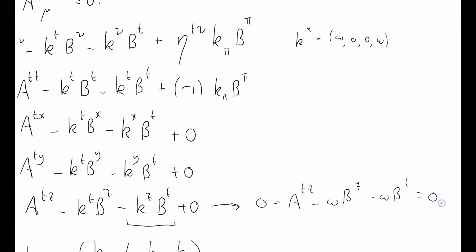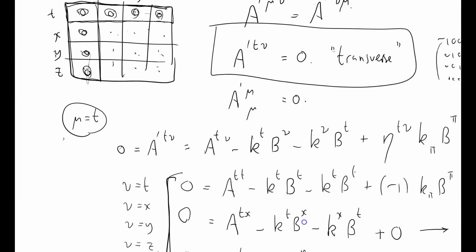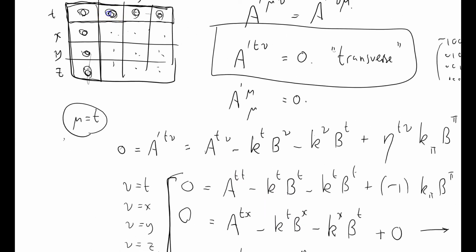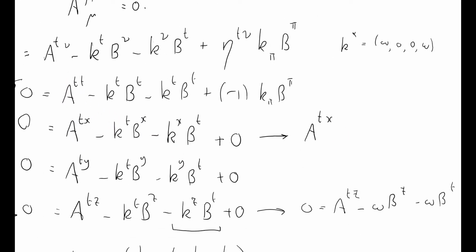That's a little bit harder than I was expecting, because normally you start up here. Let me show you that component: A tx minus omega times this term, bx. This term drops out, that's a 0, equals 0. So that's nice and simple.